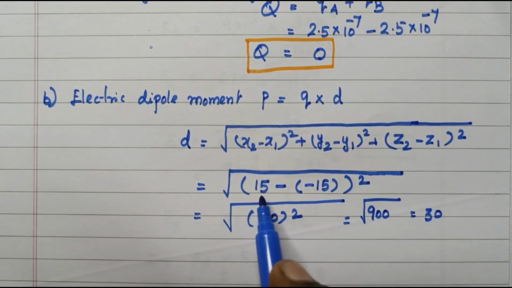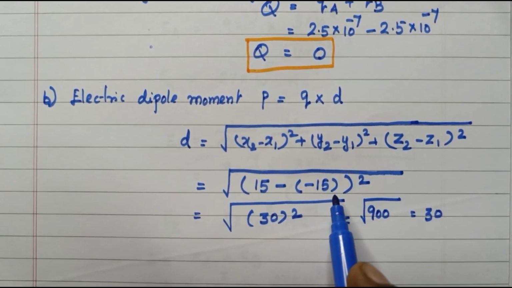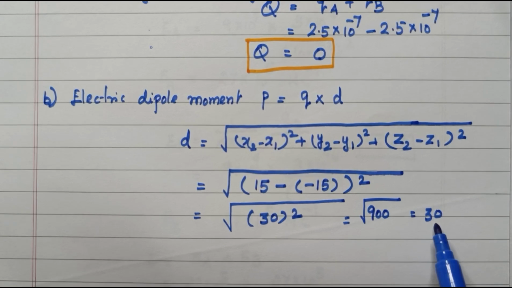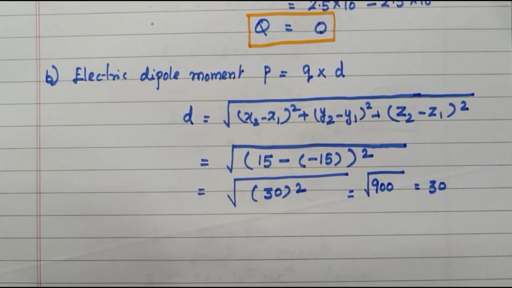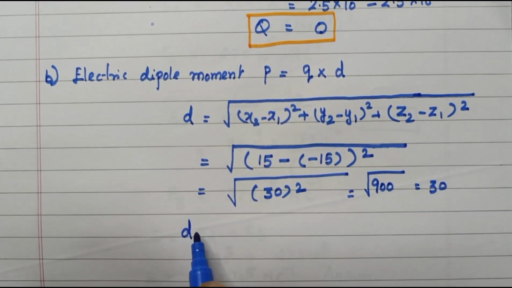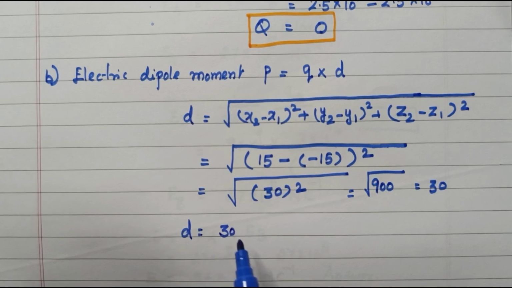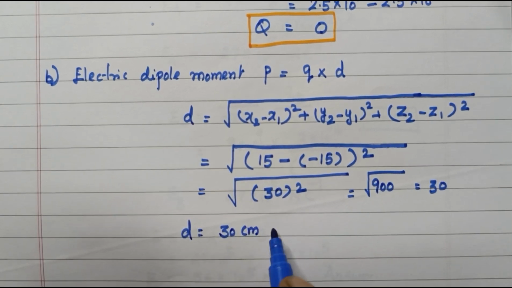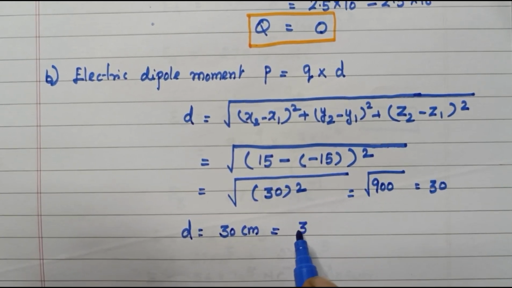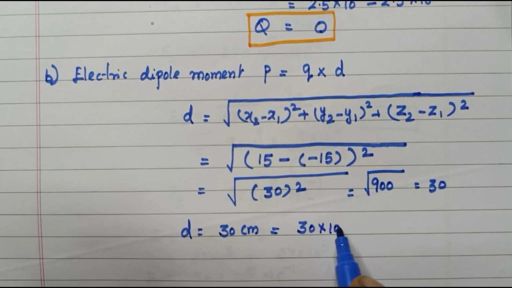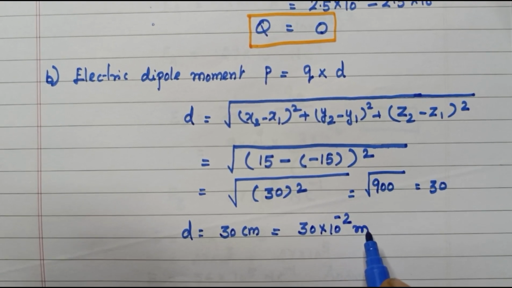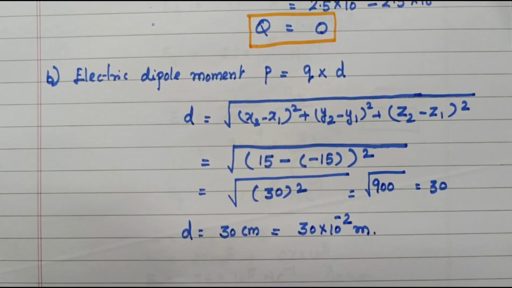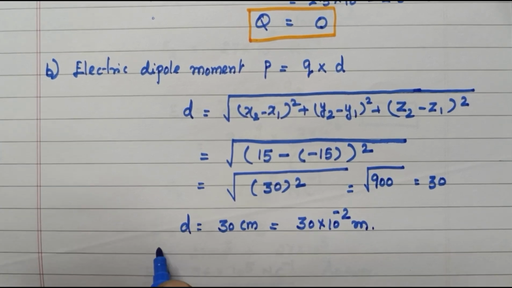So in the 15 oda unit of centimeter and in the 15 oda unit of centimeter, therefore this will be centimeter. And D is equal to 30 centimeter. Now we have to convert this to SI unit. This is equal to 30 into 10 to the power minus 2 meter. Therefore the dipole moment P is equal to magnitude of charge.